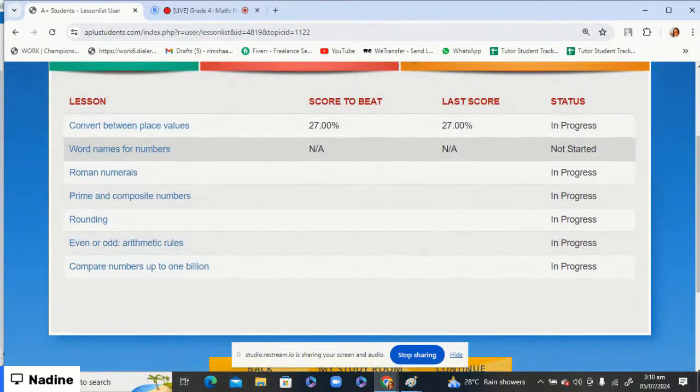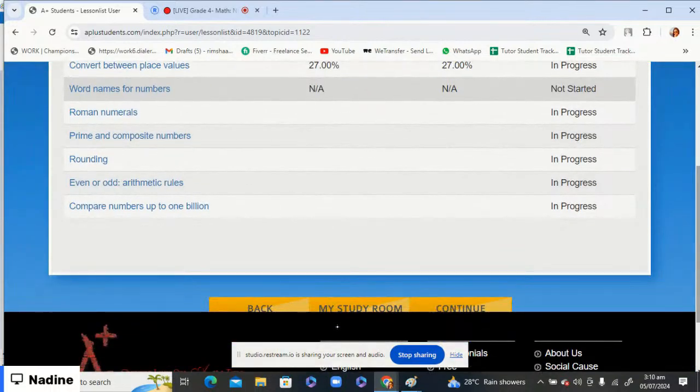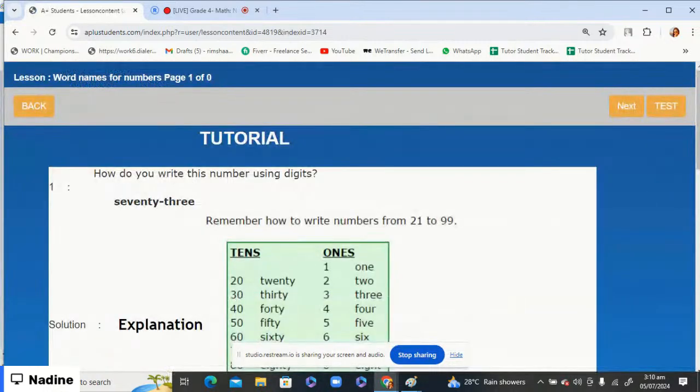by yourself. Word numbers, word names for numbers. So if you have some numbers like this way, look at here. It's like, how do you write this number using digits? So it's 73. So we check it out.